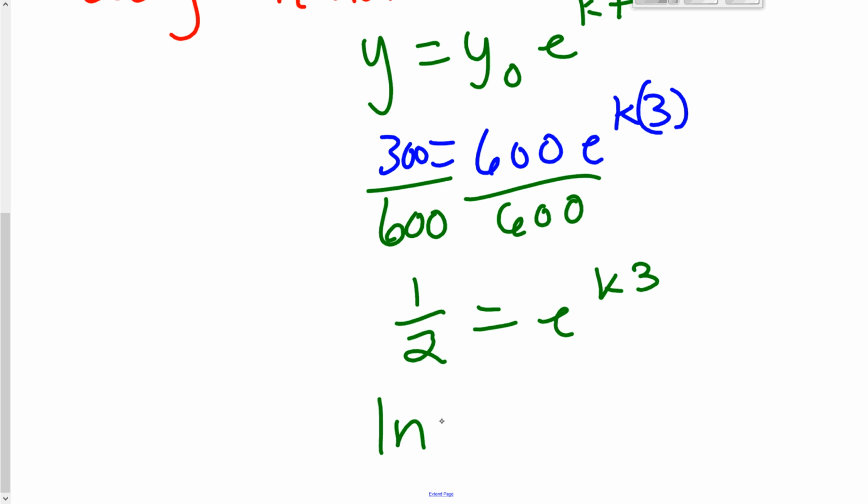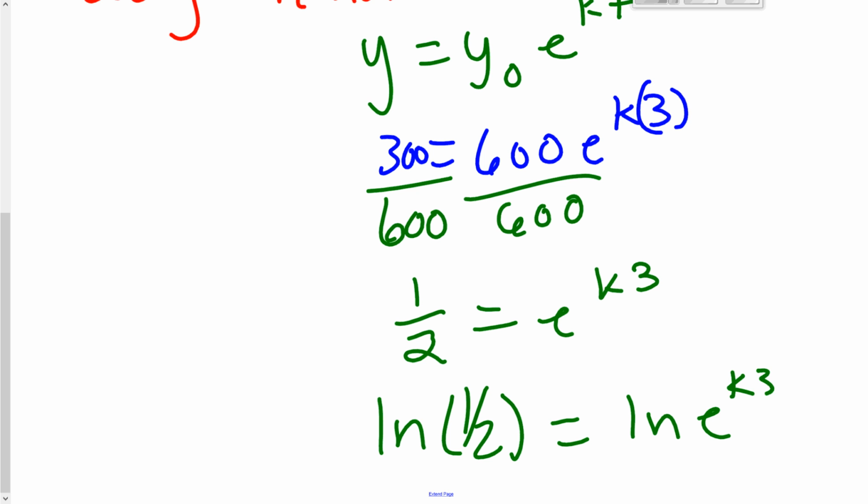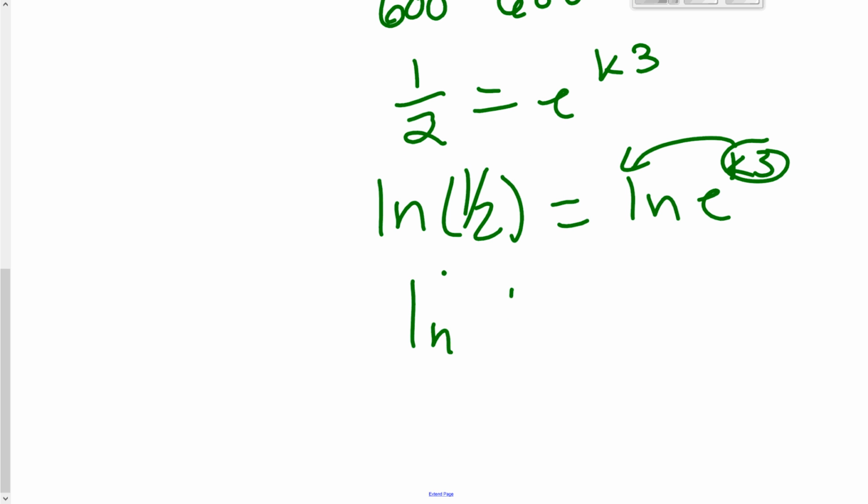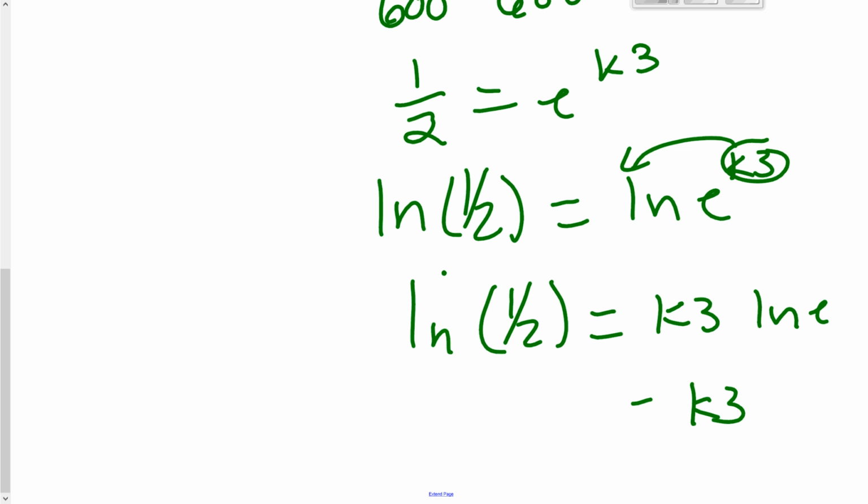Now we can take the ln of both sides. Remember that the exponent is going to come out in front. ln of e equals 1, so we just get K times 3 equals ln of 1/2. Divide by 3 on both sides.